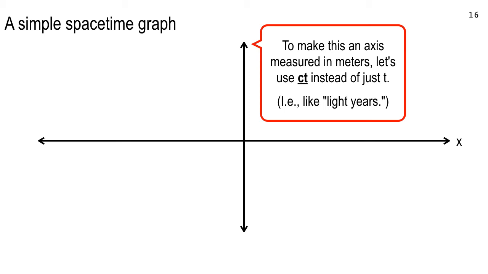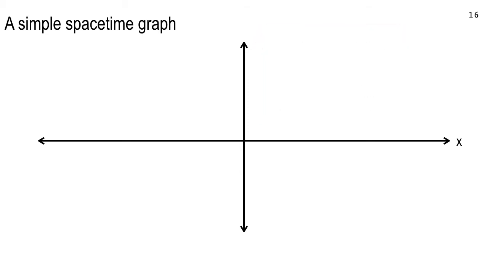Now, c times any time is a distance, like light years, so this is like your light years axis. We would call it the temporal axis, so mark it down as ct. And now we could do Pythagorean theorem as much as we like. We're measured in light years for our unit, the size of our blocks, or maybe light seconds. But yes, it's possible to do Pythagorean theorem and everything else.